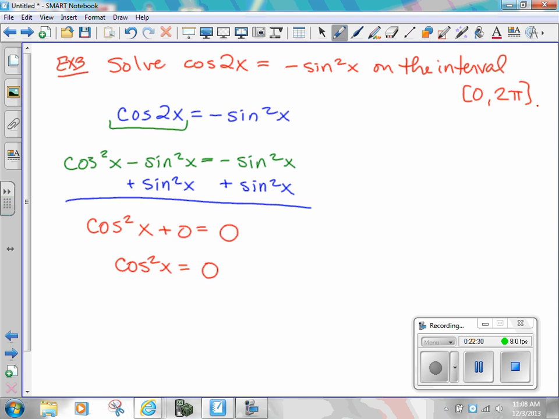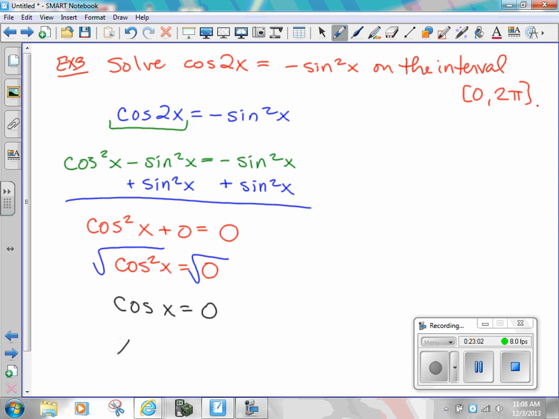What now? Take the square root of both sides? Okay, I can do that. What are you left with? Cosine x is equal to 0. Is it plus or minus? 0 doesn't have a sign, so I don't have to go with the plus or minus this time, correct? But what now?